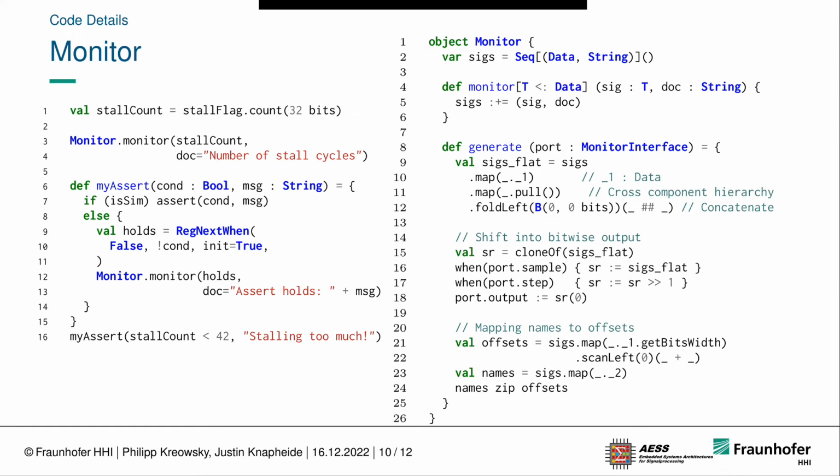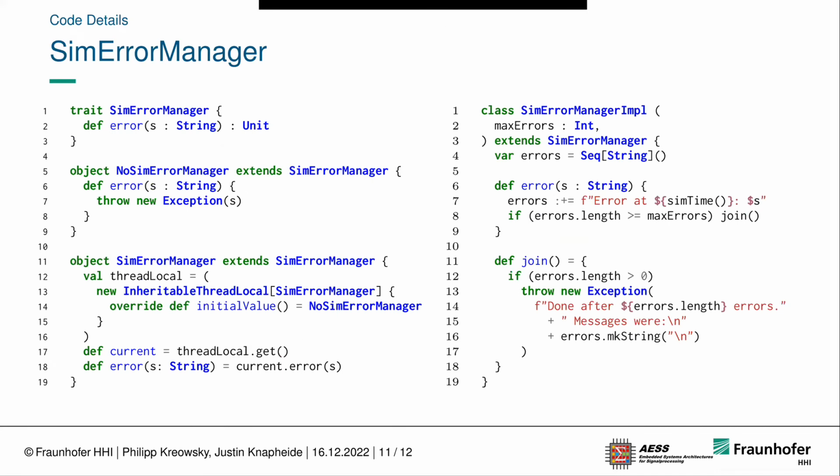Finally, an even more basic idea is that we didn't really like our simulations just terminating right away once an error happened. So instead we defined a trait, SimErrorManager, where you can just register your errors, and then you can implement different versions of this manager that handle that in different ways.